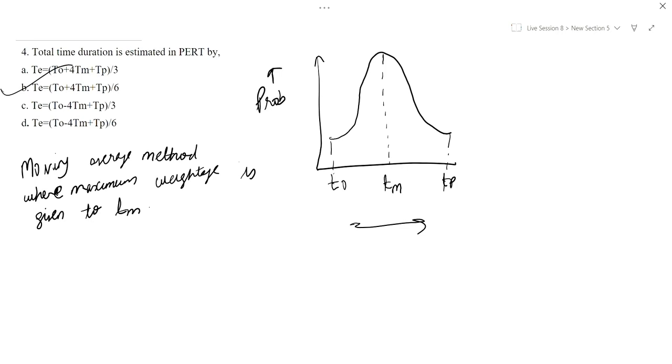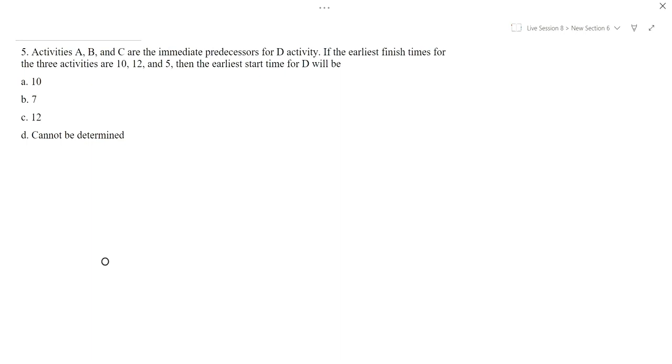Mostly R&D projects where we cannot say when the project will end follow the PERT technique. Okay, so the next question: activities A, B and C are the immediate predecessors for D activity. If the earliest finish times for the 3 activities are 10, 12, 5, then the earliest start time for D will be.